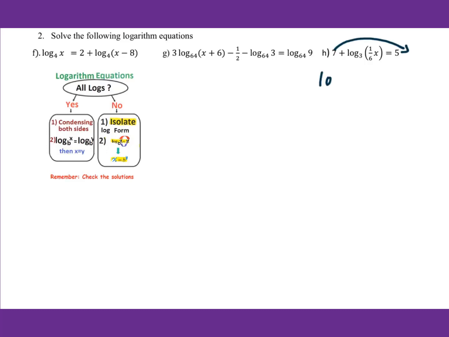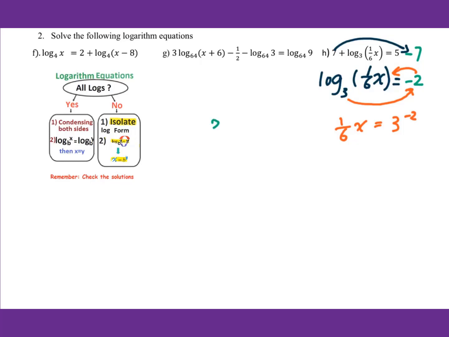We got the log base 3 of 1 over 6x equals 5 minus 7, that's negative 2. Then do the circle, turning to exponential form. You got 1 over 6x equals 3 to the negative second power. 3 to the negative second power means 1 over 3 squared equals 1 over 9.